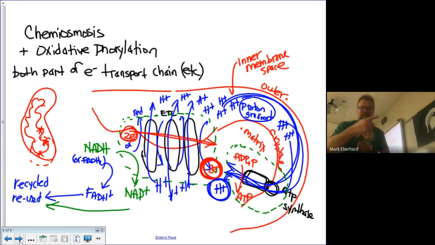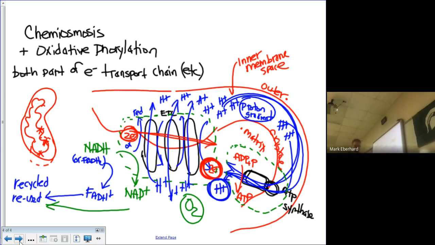Somebody has to be the final acceptor of those electrons and hydrogen. And that, my friends, is where we bring in oxygen, thus oxidative phosphorylation.